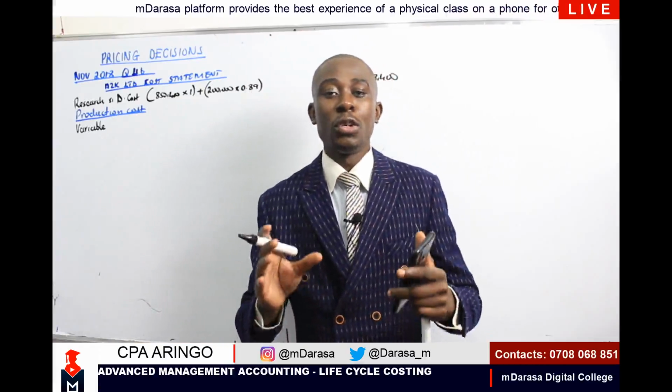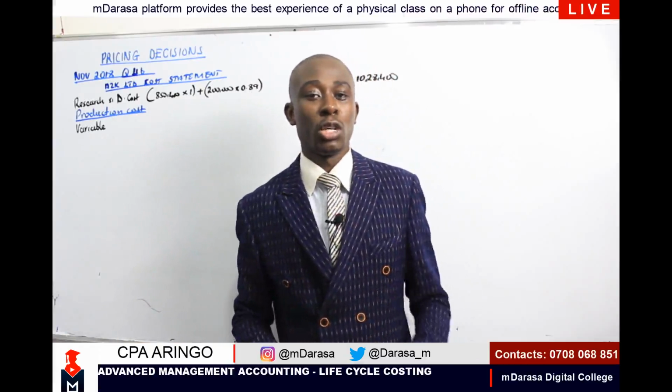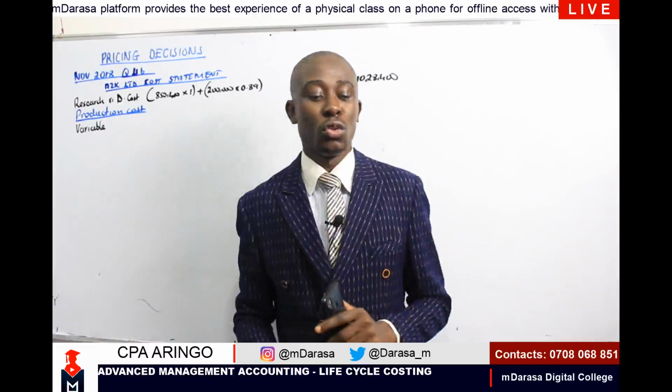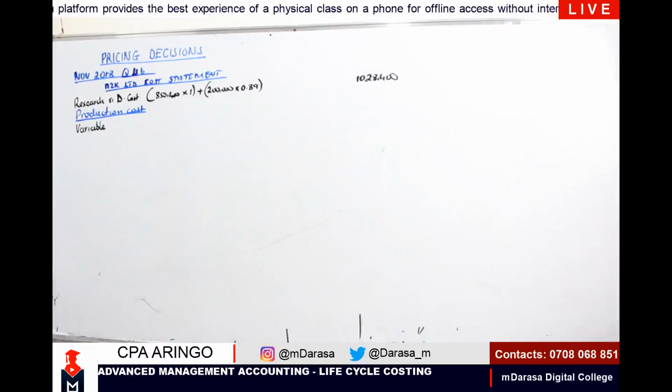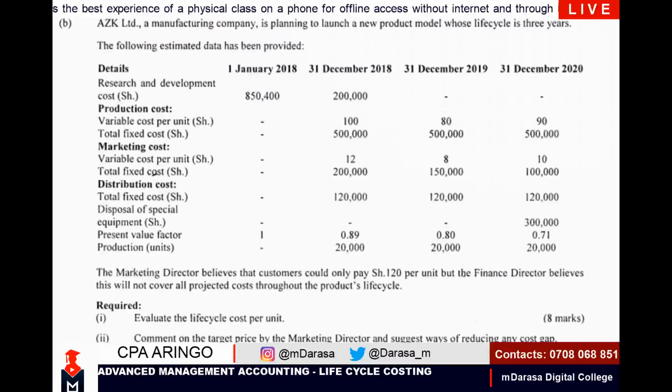So how will we determine the variable cost for the whole period? Let me share that question with you here again. I want you guys to understand this concept very well. Variable cost per unit, as at the end of year 1, which is 31st December 2018, we had 100 shillings.